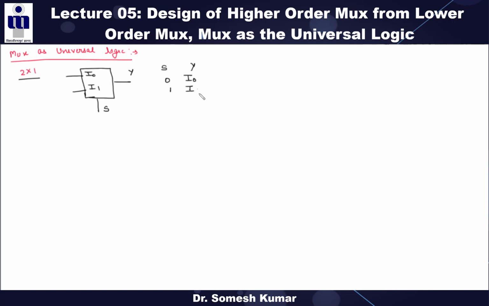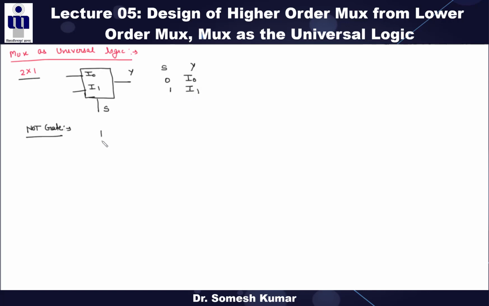This is a 2:1 mux, and this is its truth table. Now first, how you can design the NOT gate using a 2:1 mux, right? From this 2:1 mux, it is clearly seen that when the select line is 0, the output is I0, and when the select line is 1, the output is I1, right?